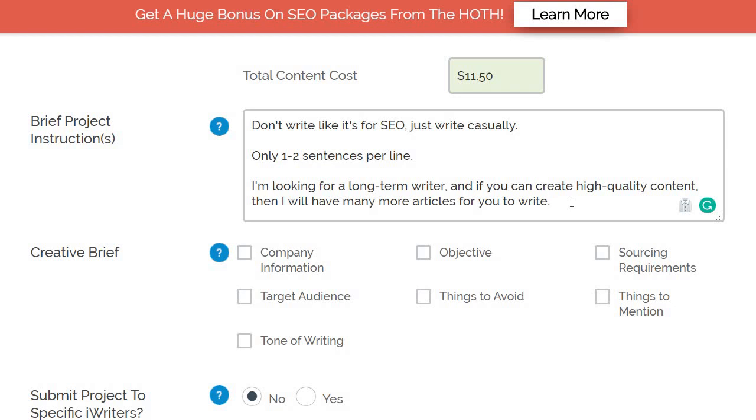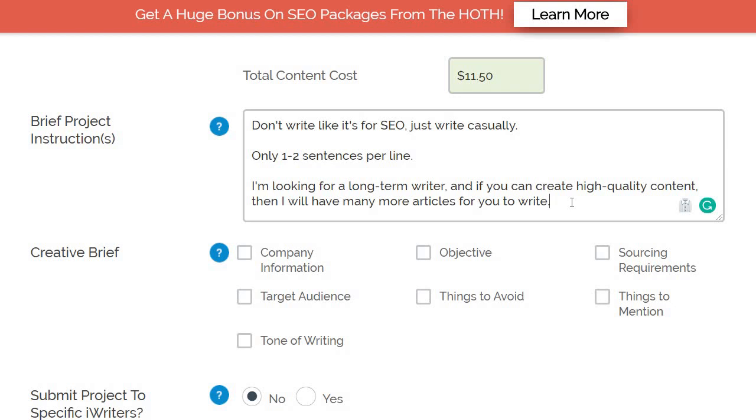This was something else I read in that same article. Someone had commented, either them or someone else was a writer on one of these websites. And what writers love the most is not only just being able to obviously write articles, that's how they get paid, but if they have a sense that they know there will be more guaranteed work for them in the future, they're going to be much happier to do that because they have consistency there. And obviously it's going to be more work for them.